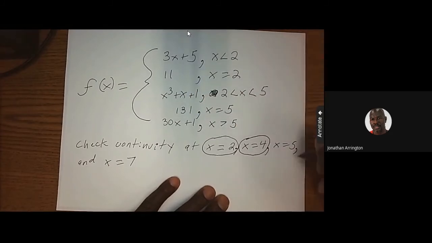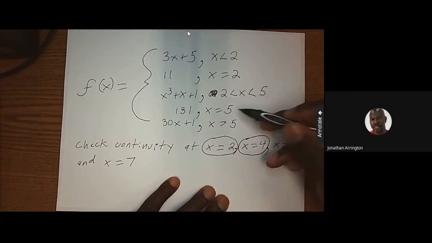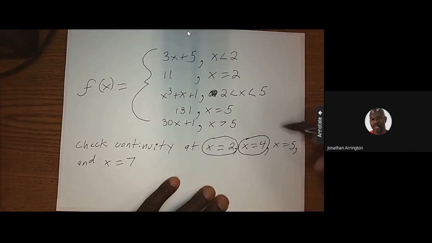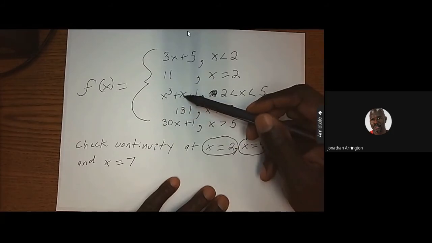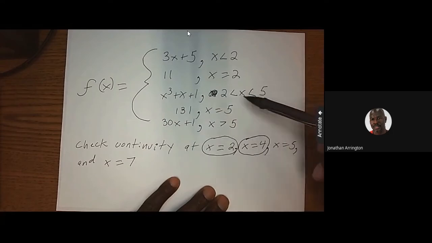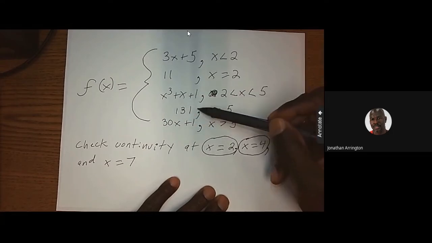Okay, what about 5? So 5 is like 2. It has 3 pieces. Here to the left of 5, here equal to 5, and here greater than 5. So I have to check all 3 pieces. So I'll plug in 5 here. So 5 cubed is 125, plus 5 is 130, plus 1 is 131. Perfect. And at x equals 5, it's also 131.